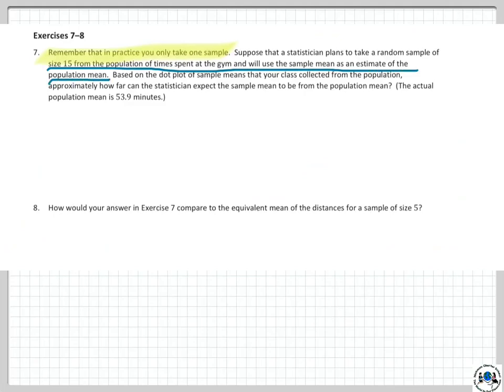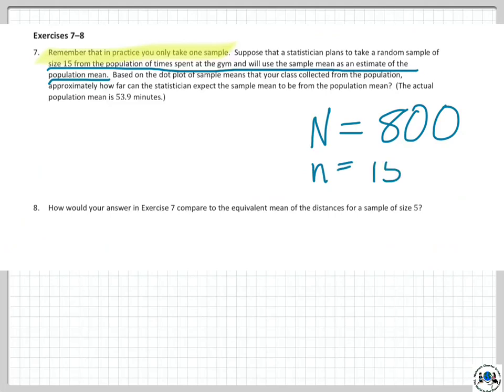Now the population in this case is, sorry, not 18, 800. And that in statistics symbols would be an uppercase N. So the N, the population, is 800 because those are 800 times. And then we have the smaller n. In this case, the lowercase n equals 15.